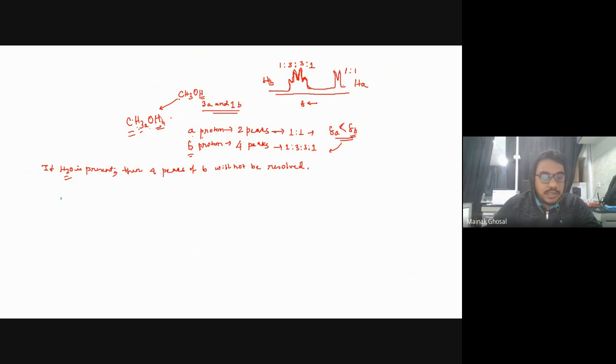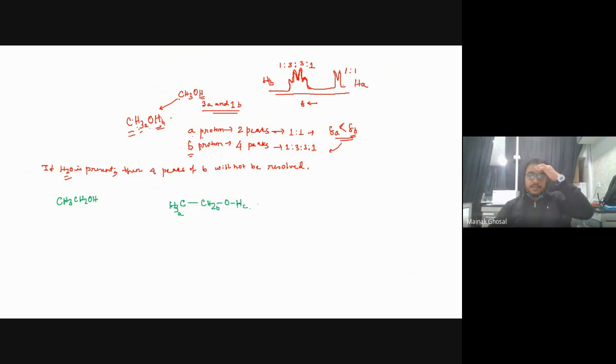Now I am moving to ethanol. So similarly, just like methanol, I am just naming it. This is A, CH2OH, this is B, suppose, and I am naming it as C.